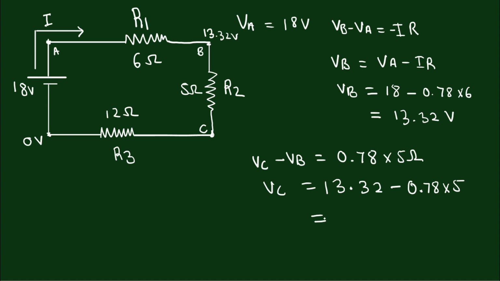Now this will give us 9.42 volts. So at point C the potential will be 9.42 volts. Now we have potentials at point A, B and C. So this is how you solve a problem using Kirchhoff's voltage law. I hope this video was helpful and I'll see you in the next one.